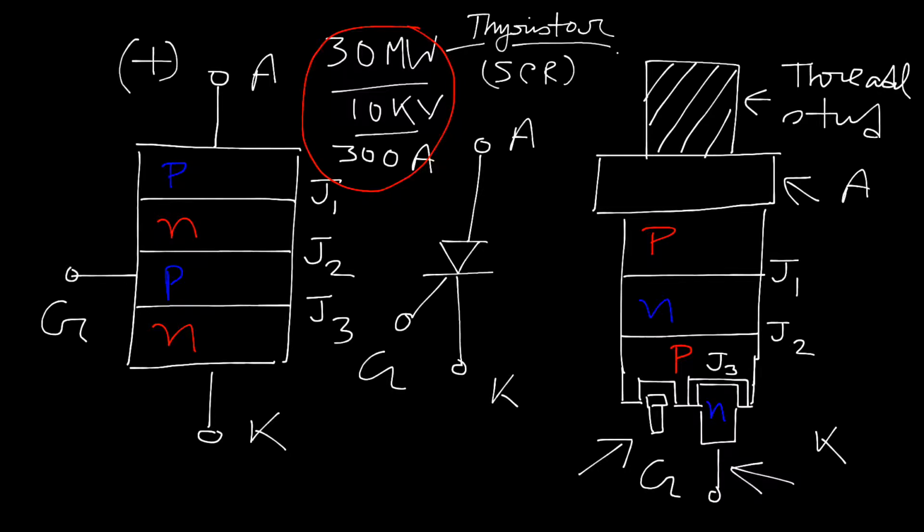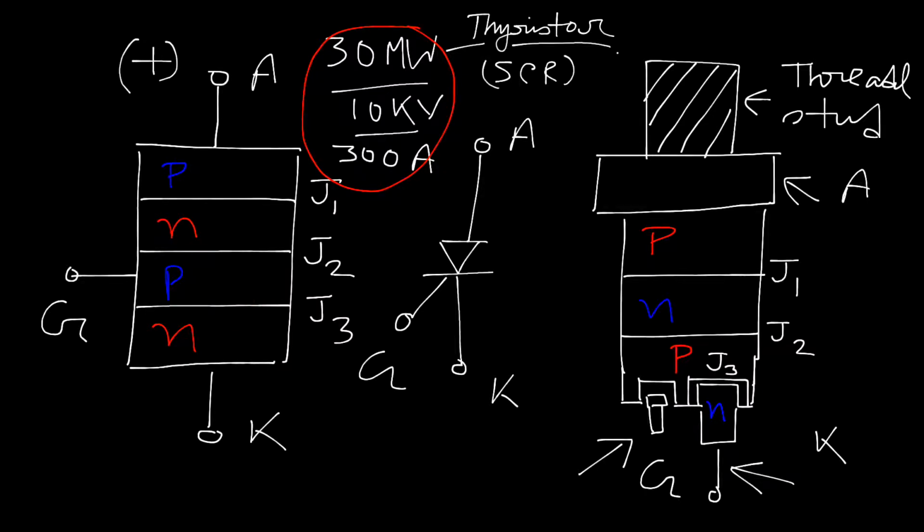Now think about junction J1: the current tries to enter from anode to cathode in this direction. That means this PN junction, J1, is in forward biasing condition, as well as junction J3, which is across the lower PN region, is also in forward biasing condition.